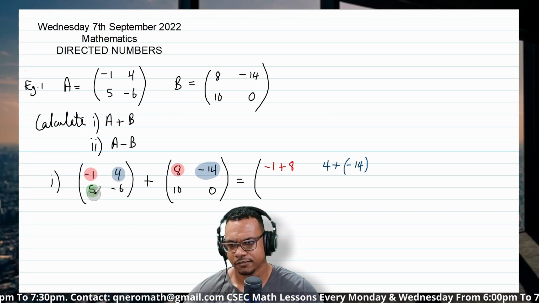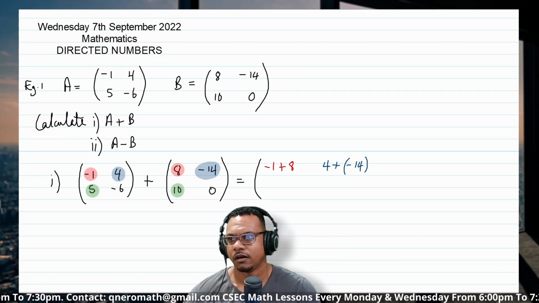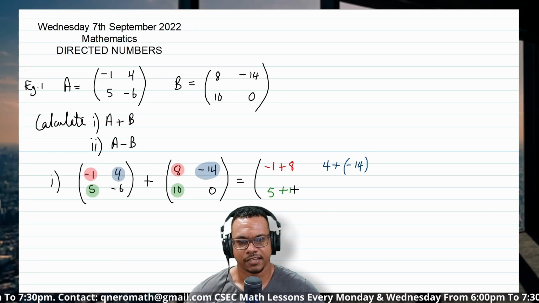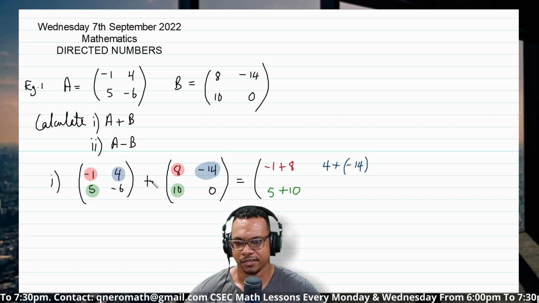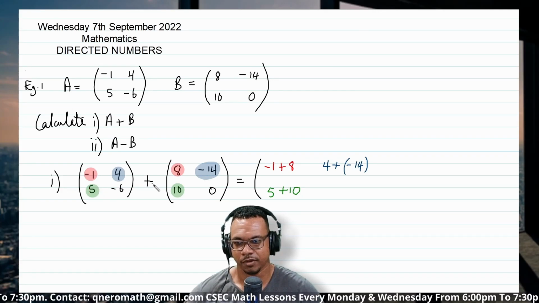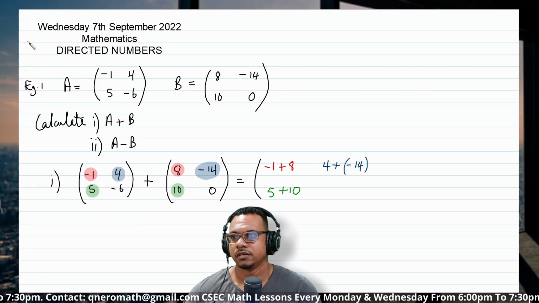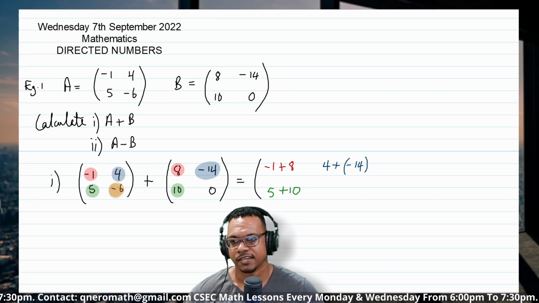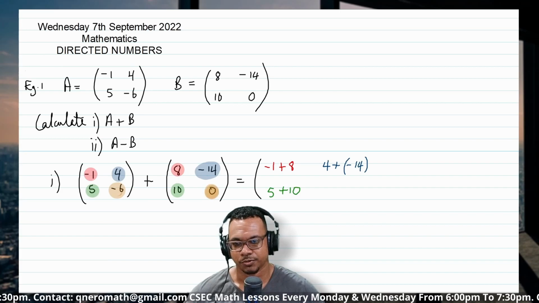This 5 would line up with this 10. So we're going to get 5 plus 10, and of course the plus sign comes from here. So 5 plus in the middle, then 10. And my next color, we're going to have this -6 line up with this 0.